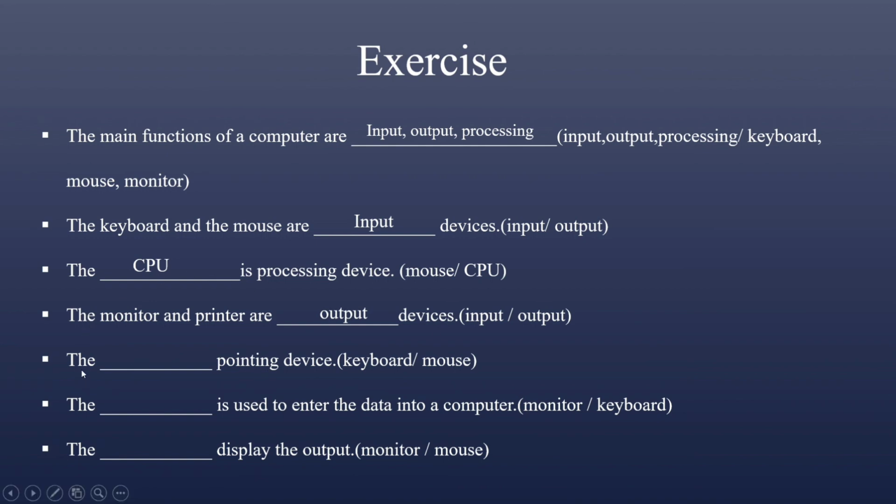Now see the next. The dash is the pointing device. Keyboard or mouse? The correct answer is the mouse. The mouse is a pointing device. Now the next: the dash is used to enter the data into a computer.